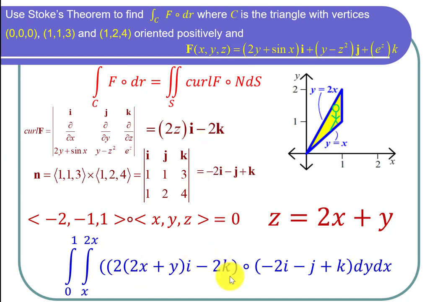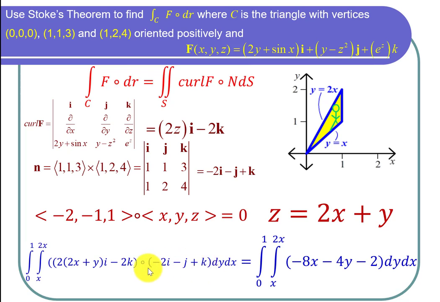There's my curl of F. Then I dot it with n dS, and n dS is equal to (-2i minus j plus k) dy dx. And there's my double integral that represents the original line integral over C of F dot dr.